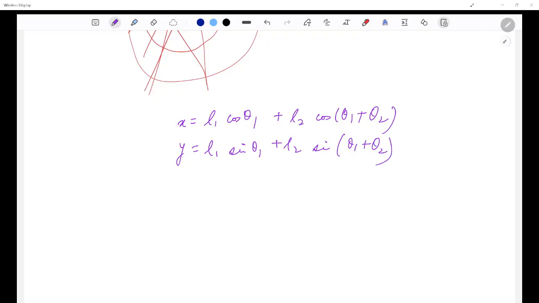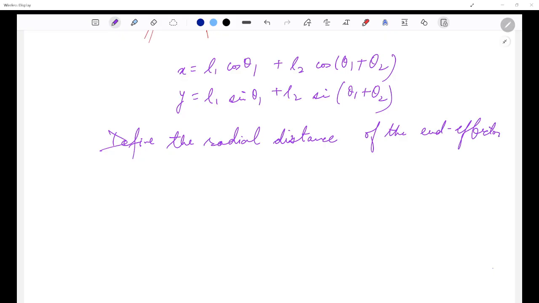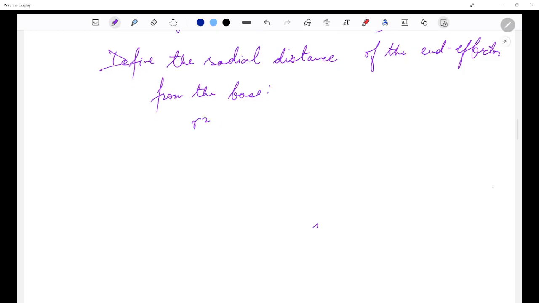Then let's define the radial distance, the distance of the end effector from the base, and it is r square is equal to x square plus y square.